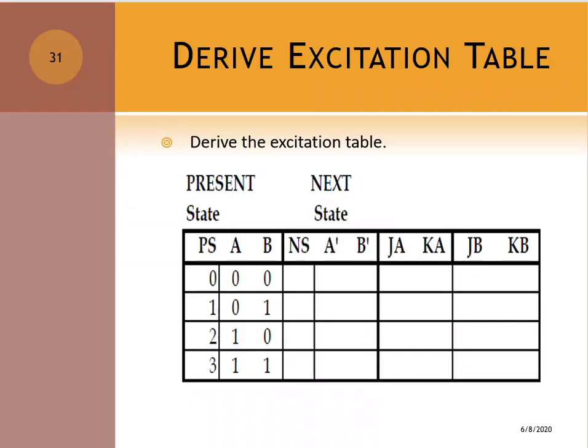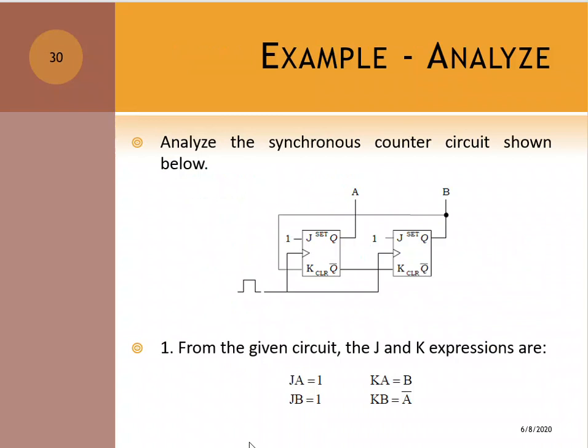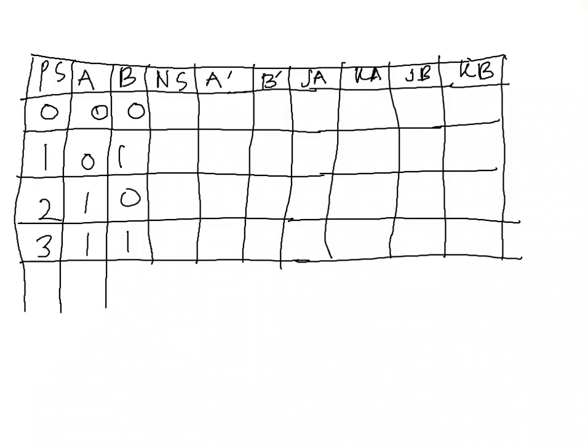From the circuit, just now we have JA, JB both 1. So put 1 here: 1, 1, 1, 1.